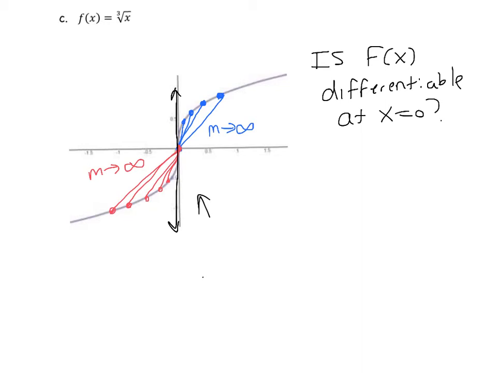Anytime you have a vertical tangent, we also state that the derivative does not exist at that point. Even though there's smoothness here, right? The curve is smoothly changing, but that instance of a vertical tangent where the slope is infinity, since infinity is not a number, we're going to say that it's not differentiable. So vertical tangents are out.